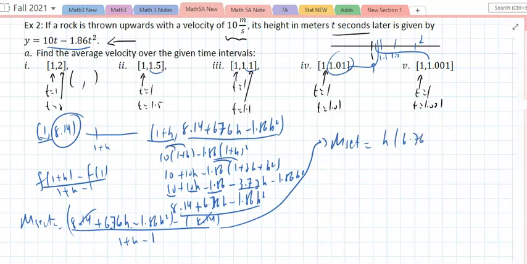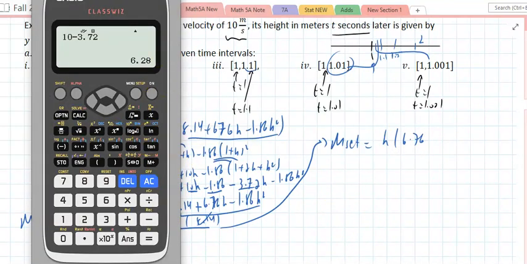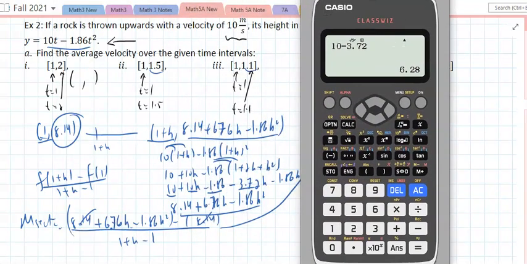Let me make sure of that number. If I take 2 times 1.86, that's 3.72.